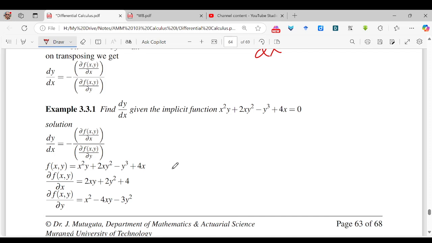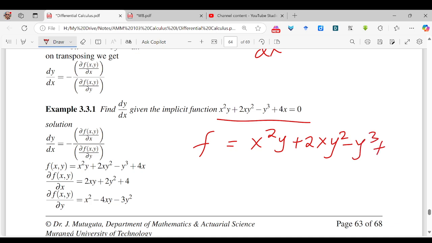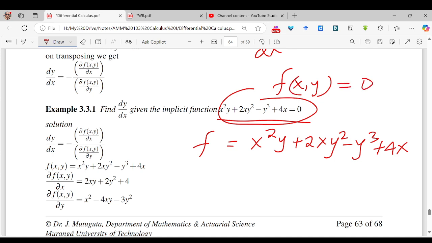Let's take an example. We have this implicit function where the function f is given by x squared y plus 2xy squared minus y cubed plus 4x, so that this one is of the form f of x, y is equal to 0.